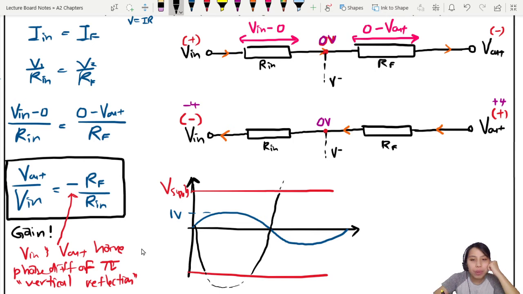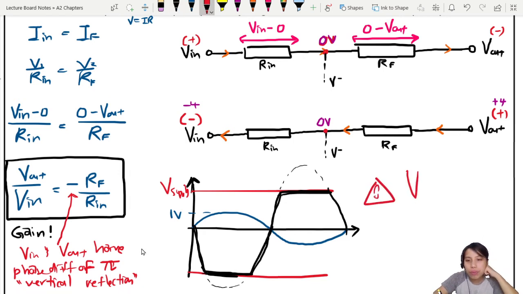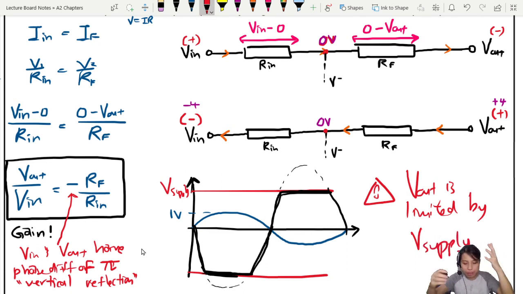Go up, chop off, come back down. So this is your limit, your cut-off point. The op-amp saturates. So this will be your graph, a bit squarish. Write yourself a reminder that your Vout is limited by the power supply you give the op-amp in the first place.